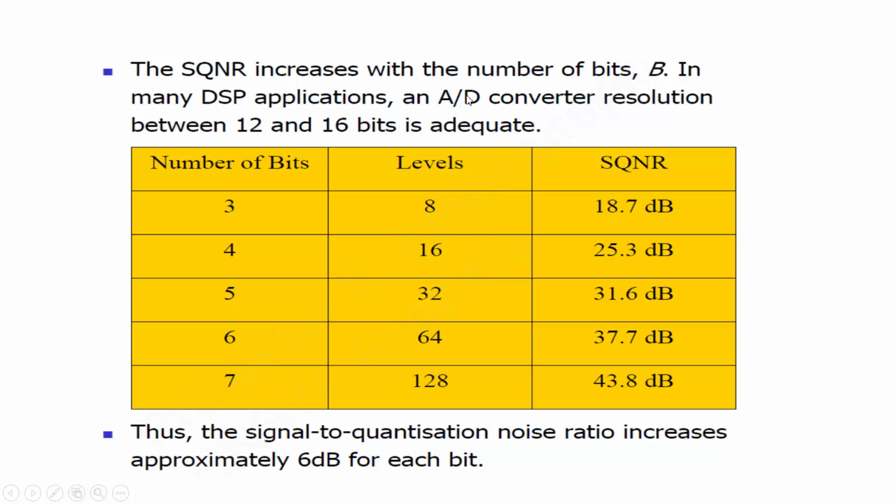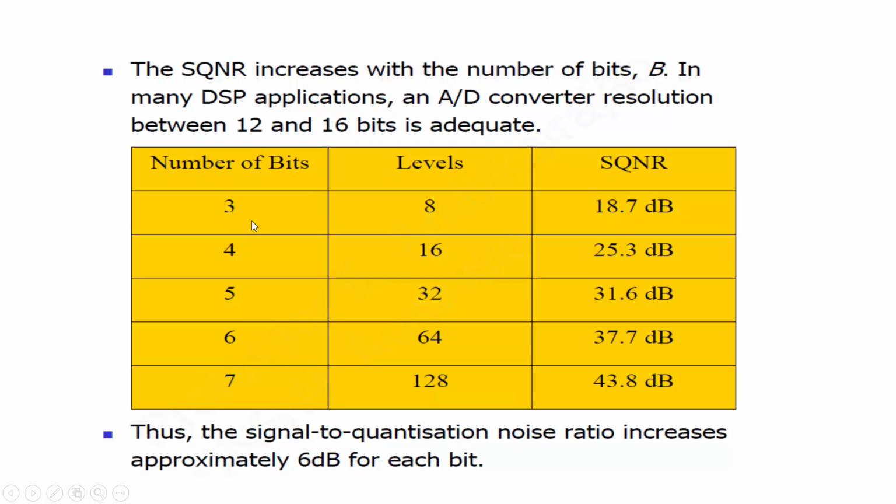Now, if an A to D converter is, let's say, a 10-bit A to D converter, meaning for every sampled value it gives an output of 10 bits, and then if we use an A to D converter of 11 bits, there is an improvement in the SQNR. If you see this table, the first row explains the number of bits, levels, and SQNR.